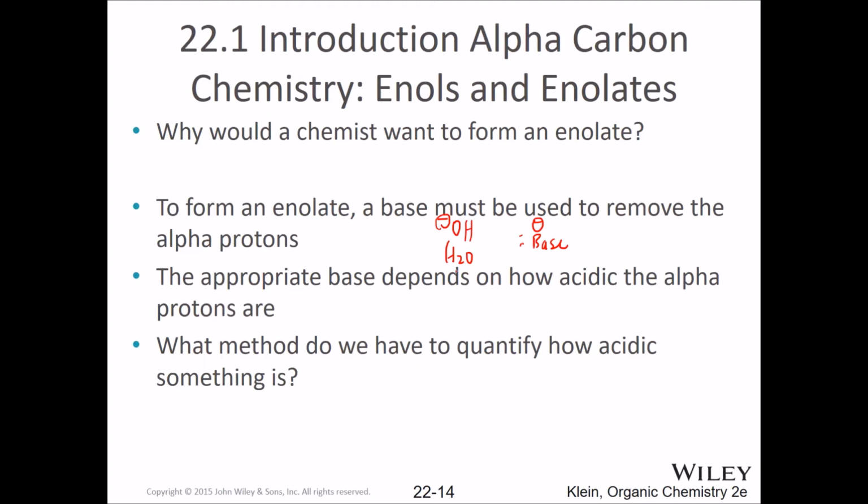That's all we called it. Now, the appropriate base depends on how acidic the alpha carbons are, of course. If you're going to take that proton off of there, you have to have a base that can do it, right? We got that in chapter 3 of Klein, and we also got that in Gen Chem 2.